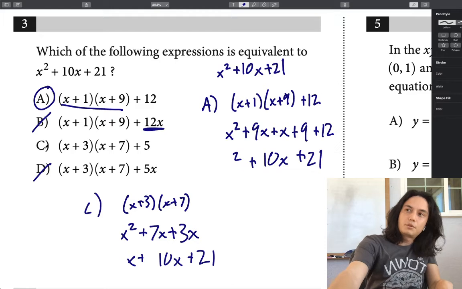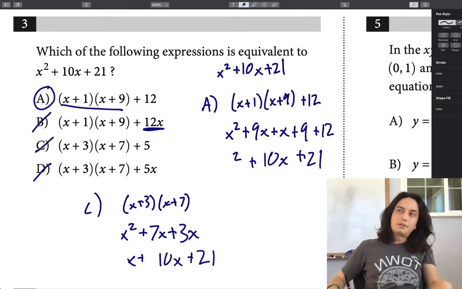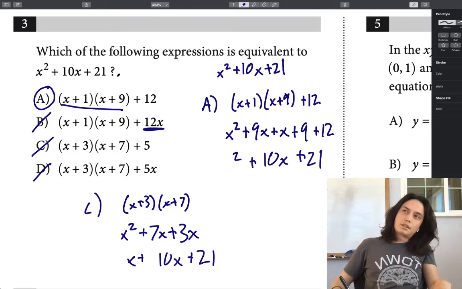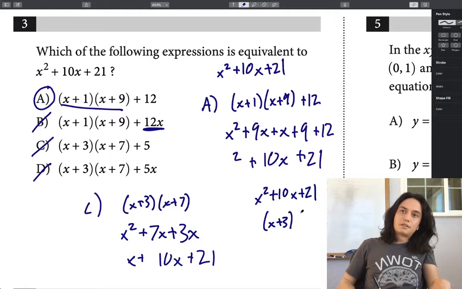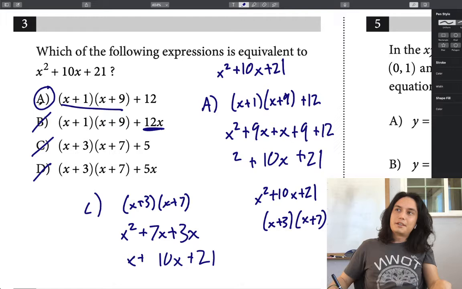Oh, I'm just realizing right now that maybe the way that you mess this up by doing C or D is just straight foiling it from here, you know? You start from this. You're like, oh boy, this factors into this. And then you're like, it can't be A or B because that's the wrong thing.